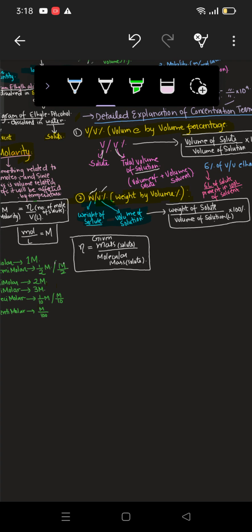If they have given you the volume of solute, you can divide that given volume by the molar volume, and molar volume is equal to 22.4 dm cube.